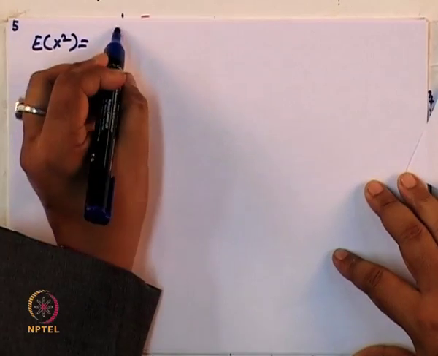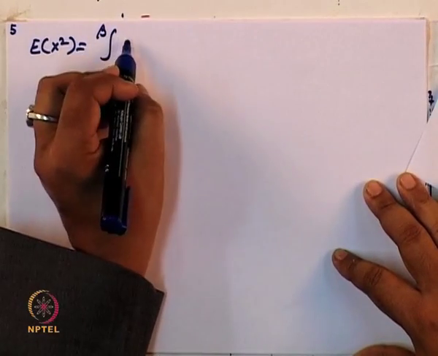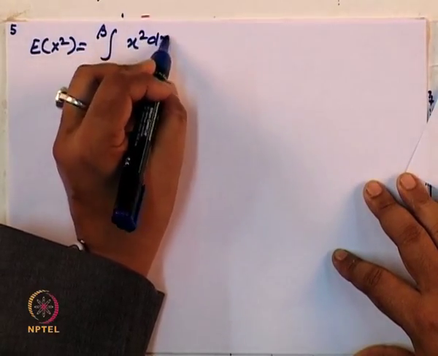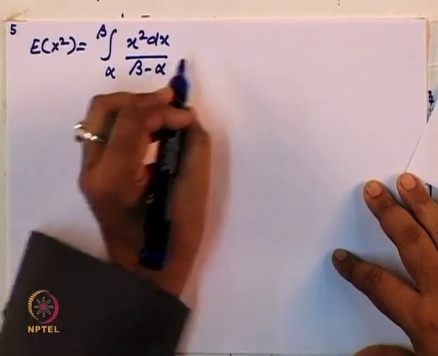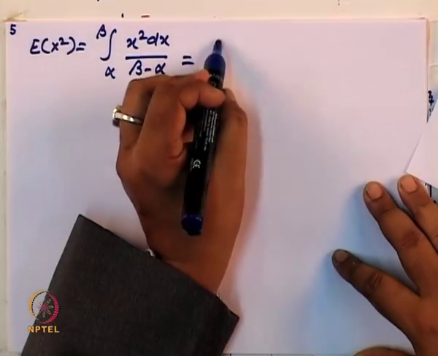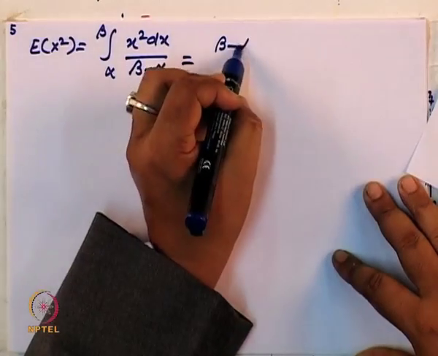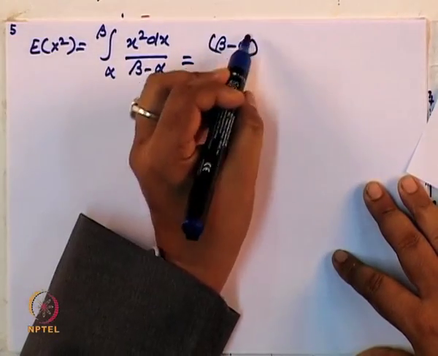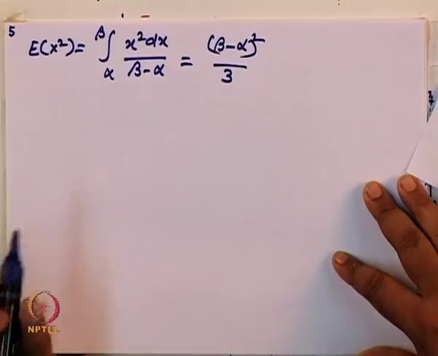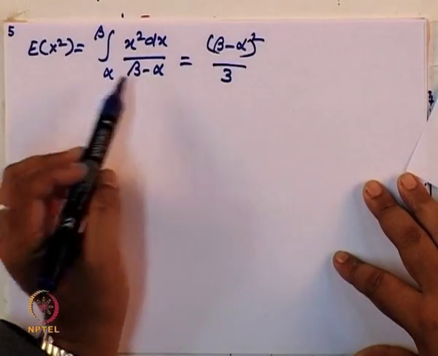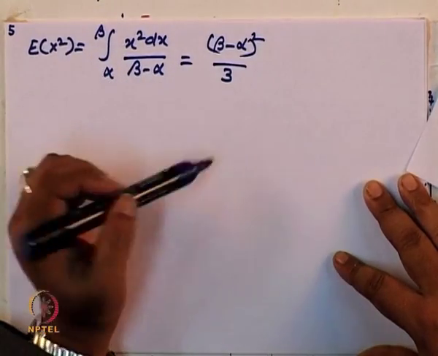Similarly, I can calculate the expectation of x square, which gives x cubed by 3.